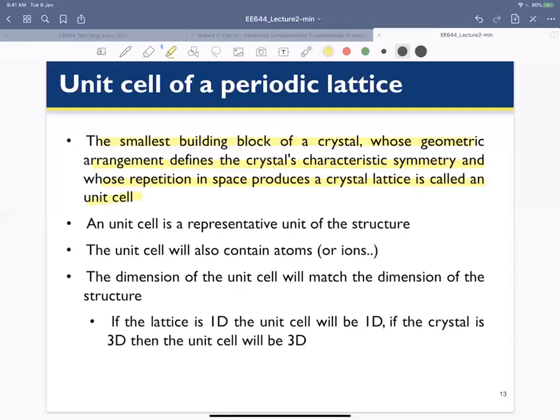For a 3D crystal, you place the unit cell in the x, y, and z directions with the given basis vectors, and you'll get that crystal structure. So the unit cell is a representative unit of the structure, more than sufficient to generate the crystal, and the unit cell will contain atoms.